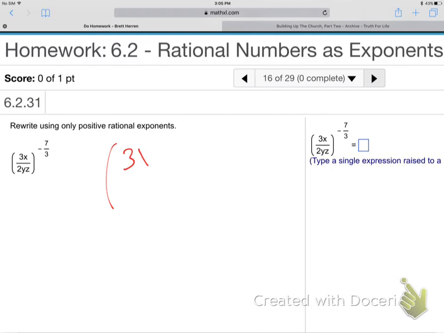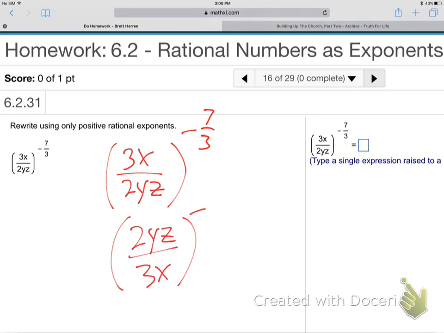Okay, so 3x over 2yz to the negative 7. So what's that negative power? Good. Now, who's the negative power on this time? Well, everything, the entire fraction. So it's going to make everybody, the 3, the x, the 2, the y, the z, everybody is going to jump from where they're at to the other side. So really, the whole fraction is just going to flip, isn't it?